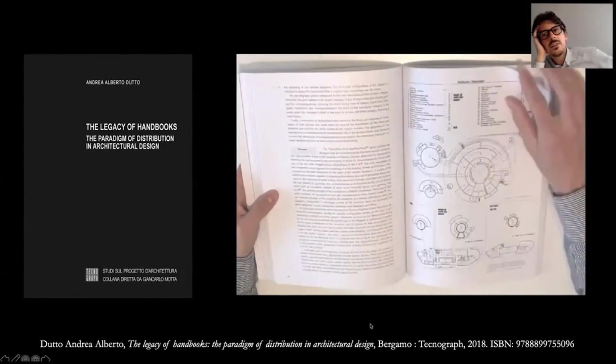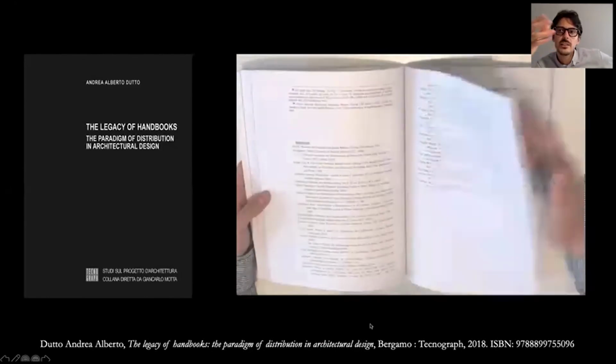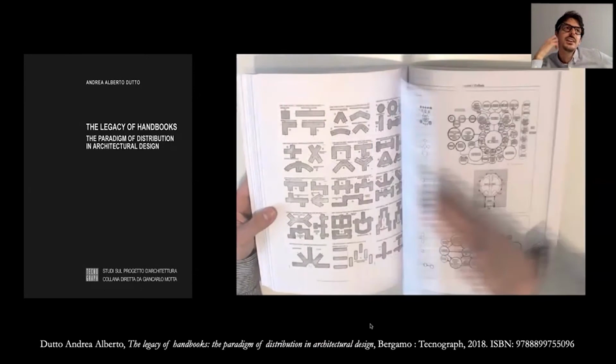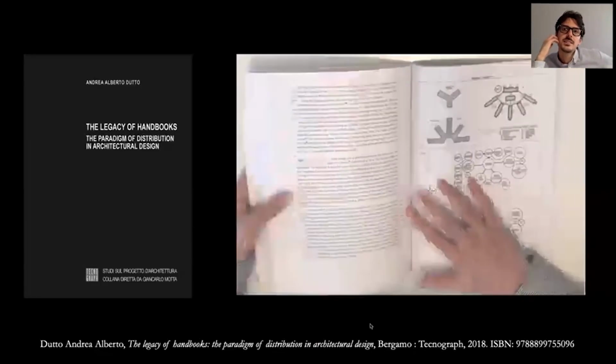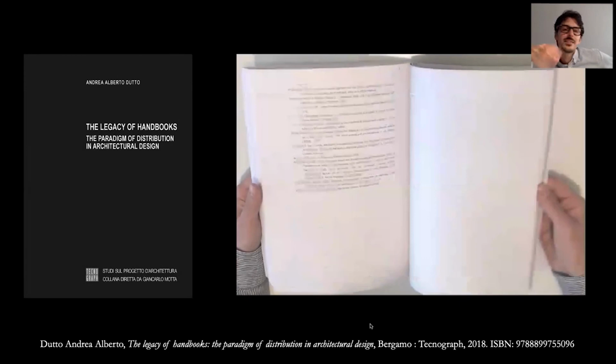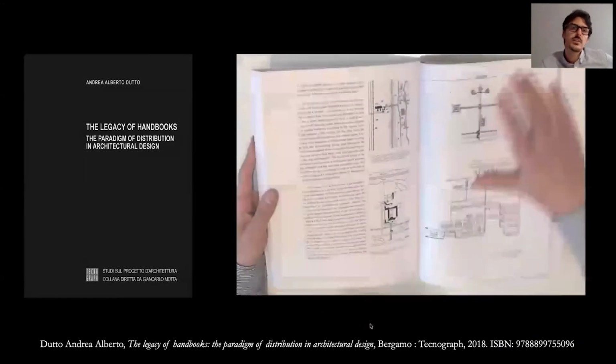And I think there you can try to understand how all this discourse about handbooks can produce effects, and how diagrams are made starting from these traditions of handbooks. There you can really find all you need.